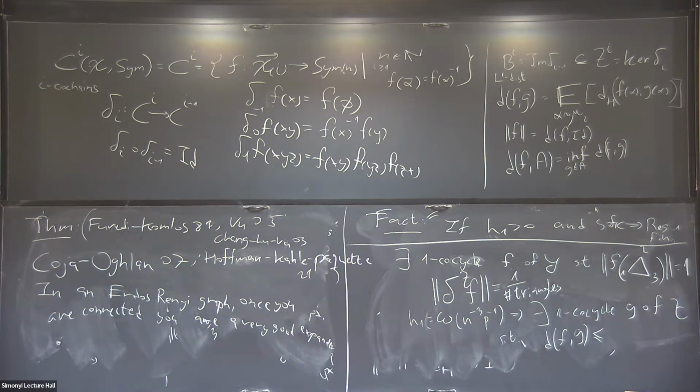So we need the definition of H1. This is usually in the denominator. So this is 1 divided by H1 times this. But this is at least one of the triangles.